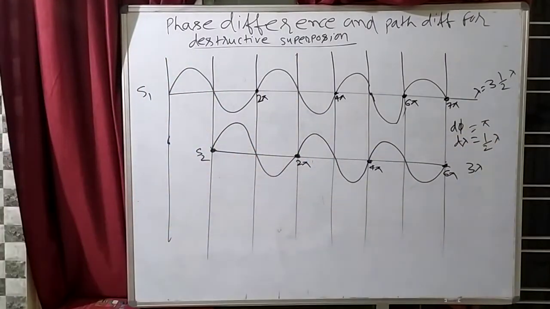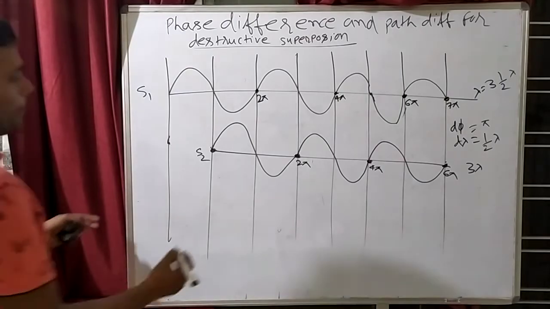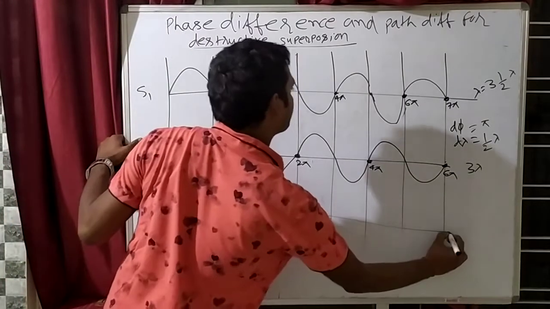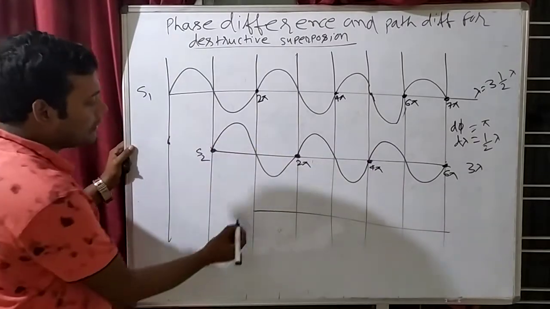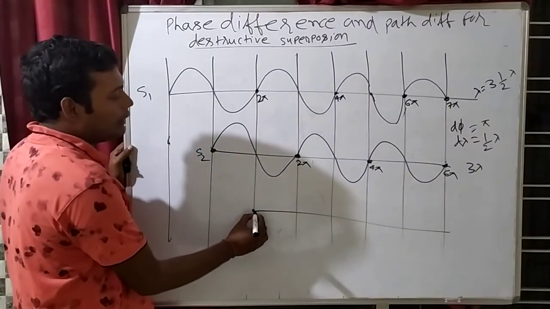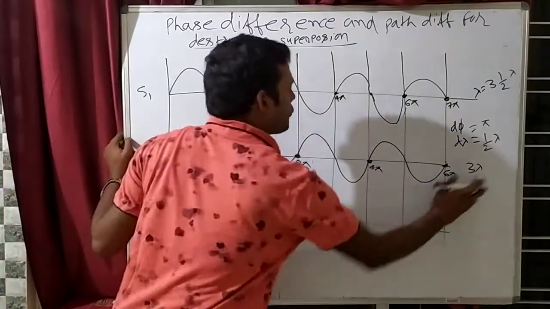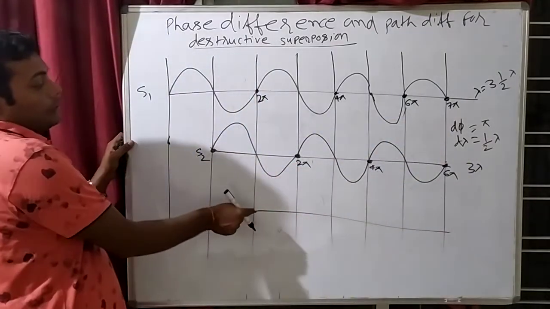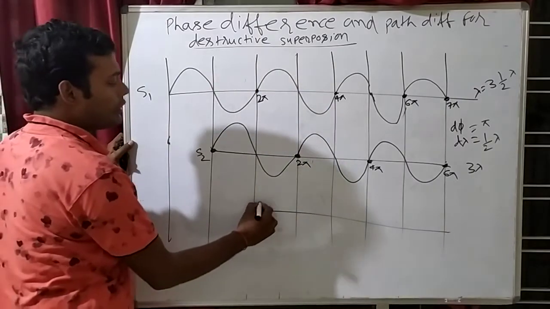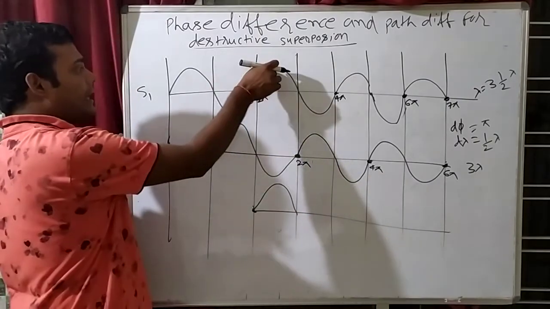Now see, for the next destructive, where will I place it? Can I place here? Suppose S2 is here, then will it give destructive? Now forget about this one. Now you have to do this and this. If S2 is here, then crest and this is also crest.